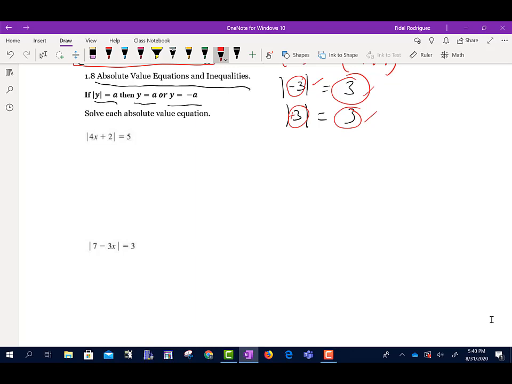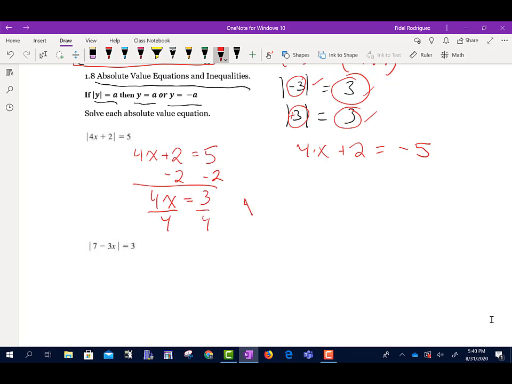So when we have the absolute value equations, the way we're going to set these things up is we're going to do the first one to be 4x plus 2 could be 5, or 4x plus 2 could be -5. And then I'm just going to solve two individual equations. So I'm going to go -2 and -2. So 4x equals 3.